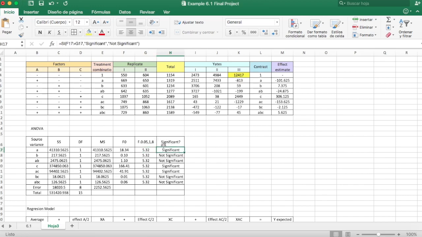So we compare these two values to know if it is significant or not. If the F-test value is greater than the critical F, then it is a significant value. Having this, we can observe that factor A is significant.